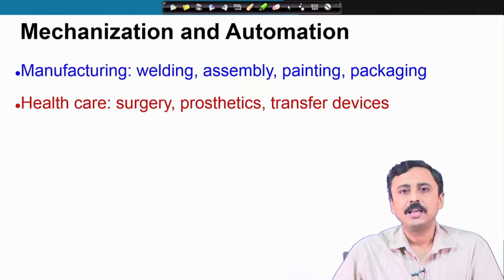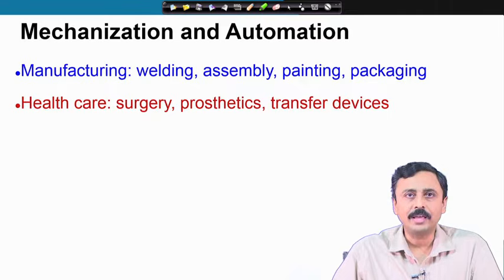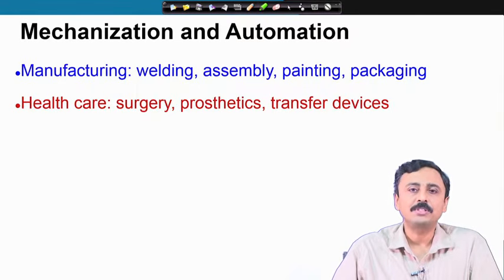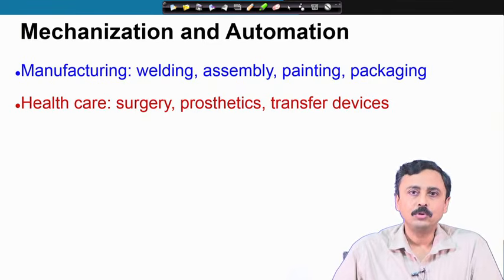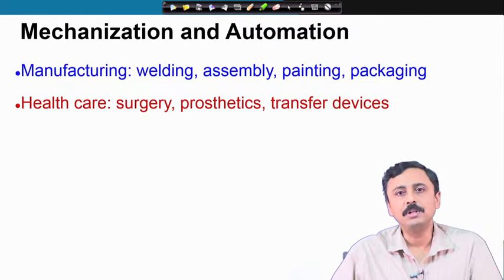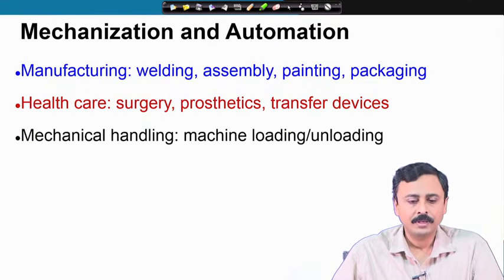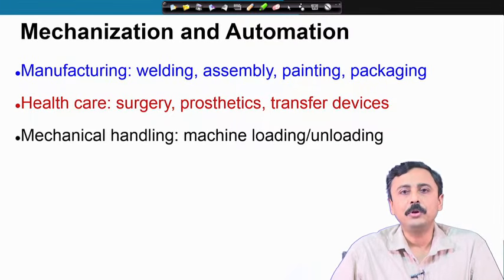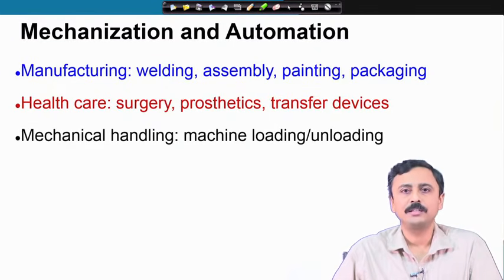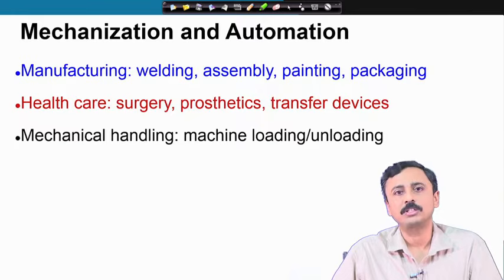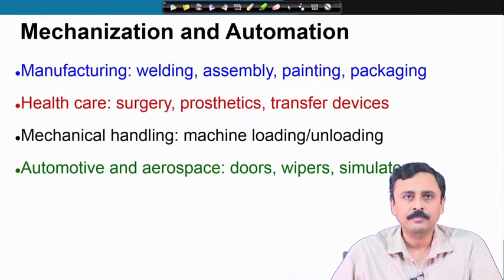These devices have mechanisms, they require mechanisms which are actuated by motors or other kinds of actuators, which help a person to perform these kinds of simple tasks. In mechanical handling, you know that machine loading, unloading, these processes are nowadays in a number of industries being done automatically through robots or other special purpose machines.